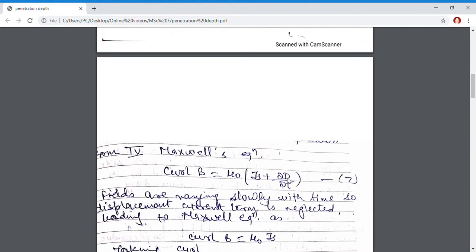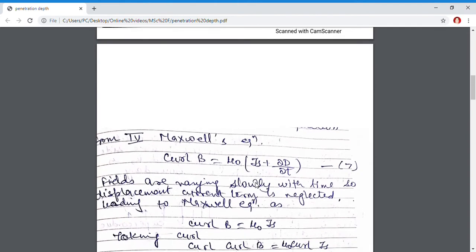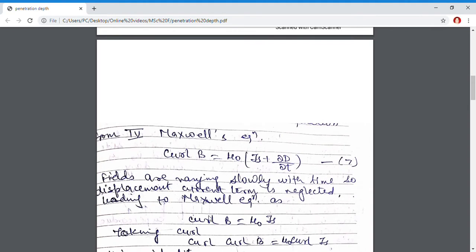I am assuming that fields are varying slowly with time, so this term can be neglected. So del D by del t equal to 0, and we are only left with the term mu 0 Js. The equation becomes curl B is equal to mu 0 Js.